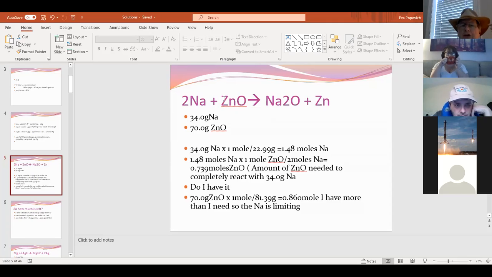So that relationship is 1 mole of zinc oxide to 2 moles of sodium. So if I have my 1.48 moles of sodium and I multiply it by 1 mole of zinc oxide over 2 moles of sodium, this means if I have 34 grams of sodium, to react that completely, I need 0.739 moles of zinc oxide.